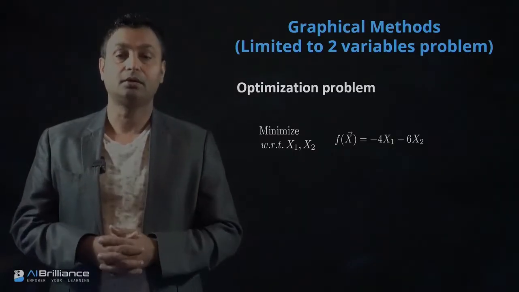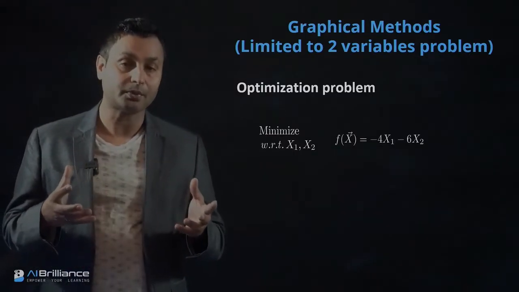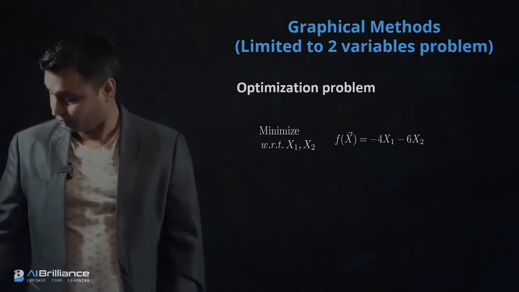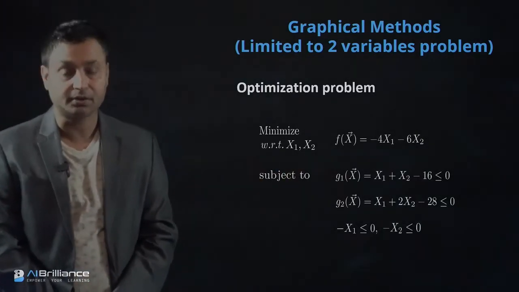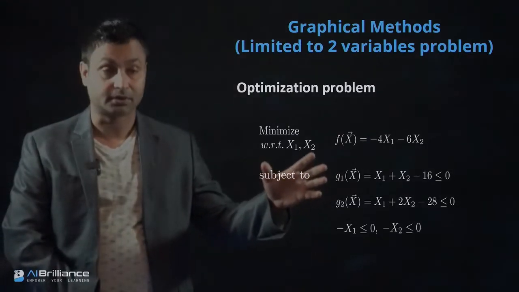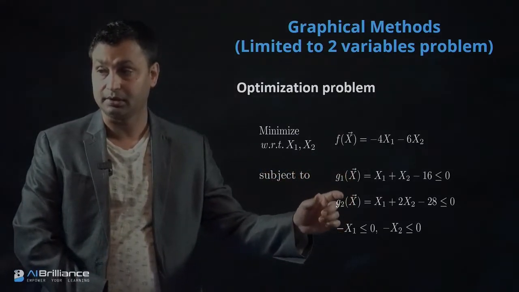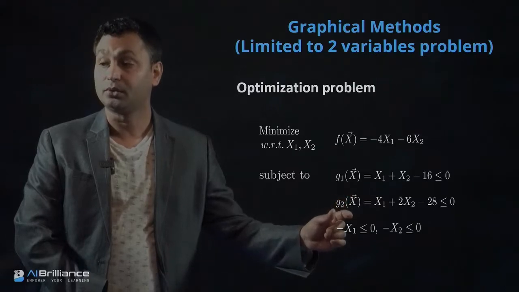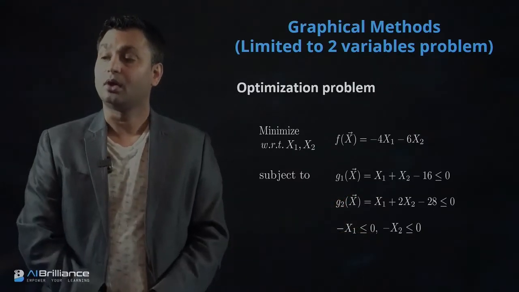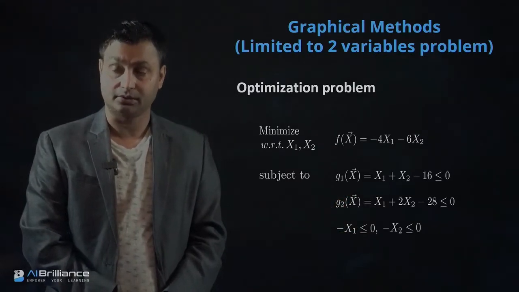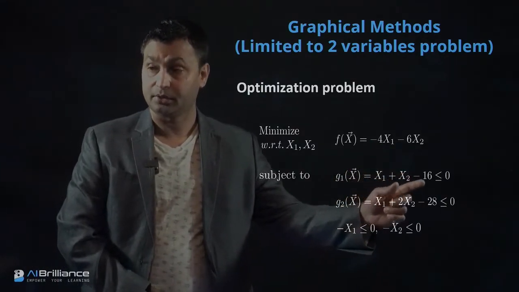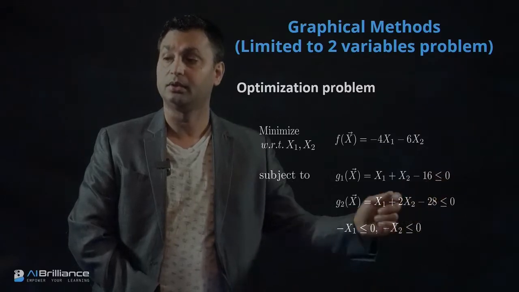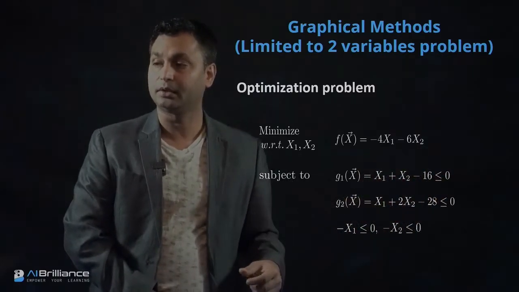As we talked about in the previous class, some optimization problems might also have constraints. So let's say this optimization problem that we are interested in solving also has a set of constraints, and here we have listed constraints g1, g2, and then there are constraints also on the variables. G1 is an inequality constraint. You see this less than or equal to sign, so it's an inequality constraint.